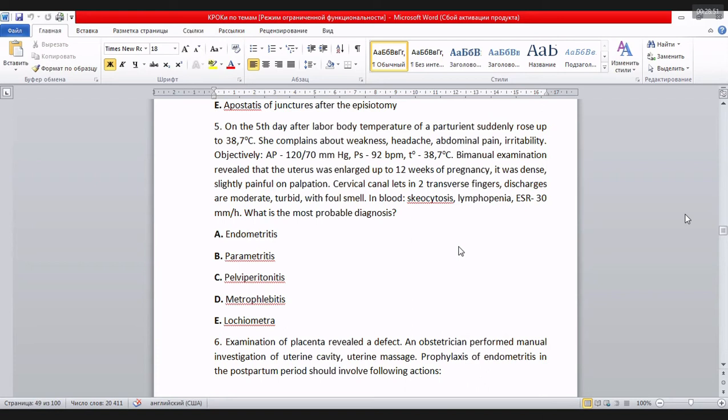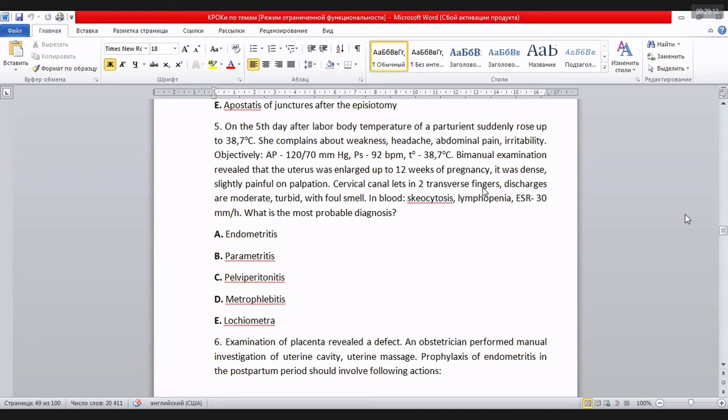Maybe temperature sometimes, maybe painful discharges, but usually we have the spasm of the cervical os. Here you see cervical canal leads two transverse fingers. Cervical canal is open. That's why there is no obstacle for outflow of these discharges. That's why it cannot be lochiometra.